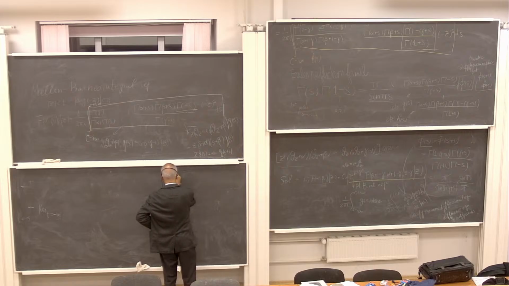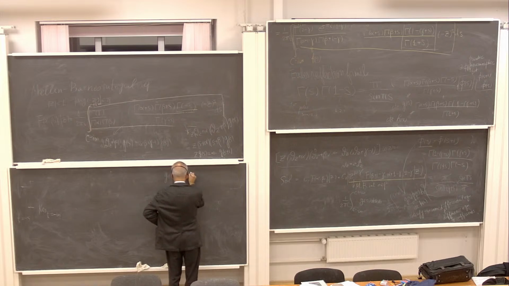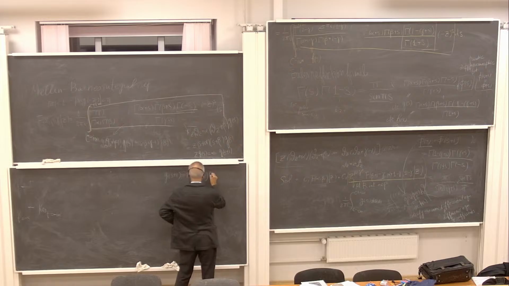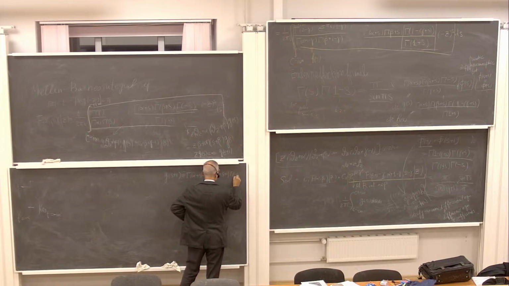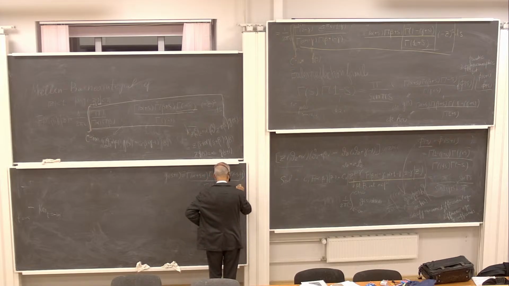G(s plus 1) is gamma of alpha plus s plus 1, gamma of gamma plus s plus 1 minus 1, isn't it? Times minus z to the s plus 1.